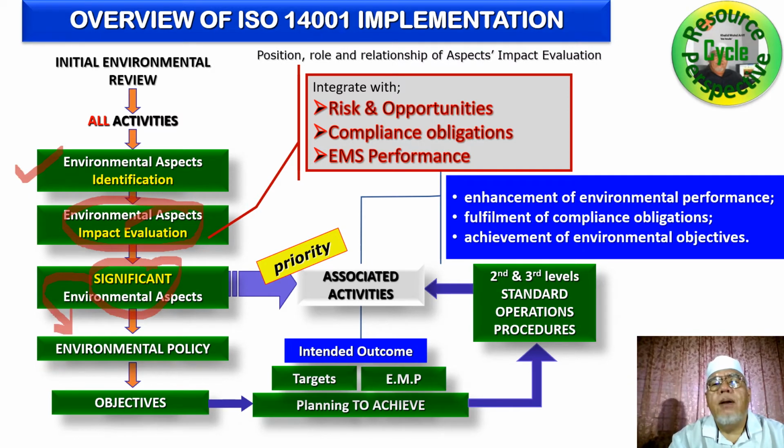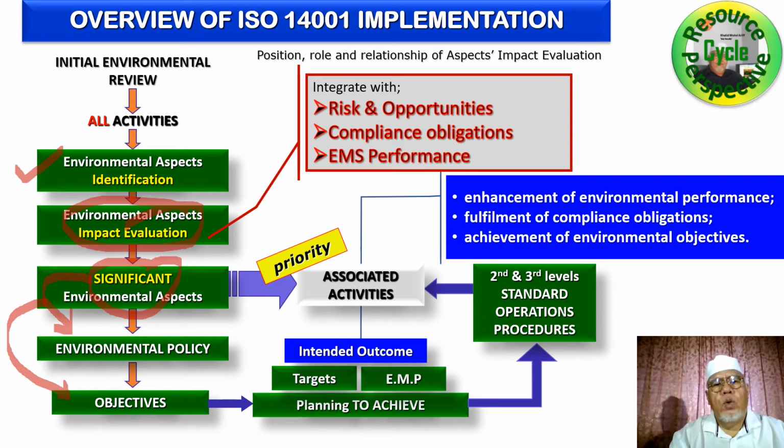write our policy statement. Do not come up with an environmental policy before you identify all our environmental aspects, okay? And after that is done, we start to determine what should be our environmental objective. As we now know, as an organization, what sort of environmental conditions do we have?